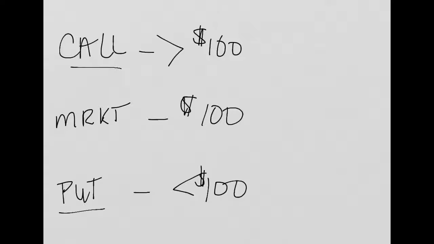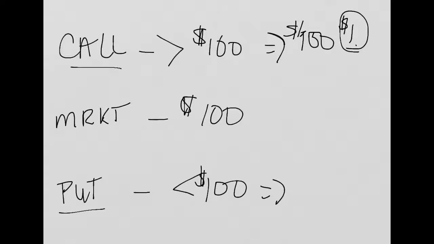Okay, and for calls and puts, there's a premium on these options. For an example, we'll sell a 150 call, and we might get $1 for it. That's our premium. And for a $80 put, we might get $3 for it.